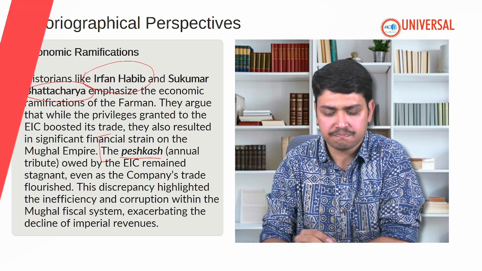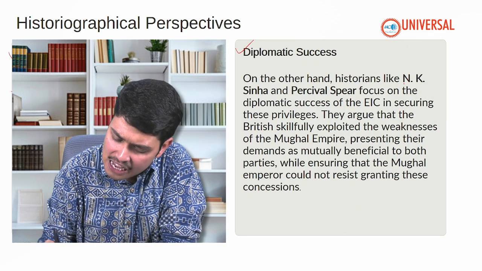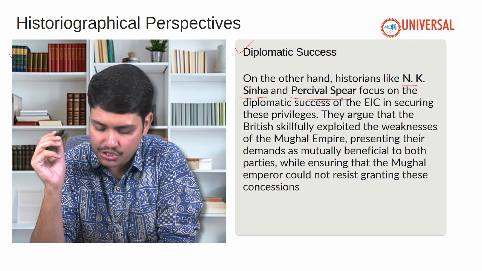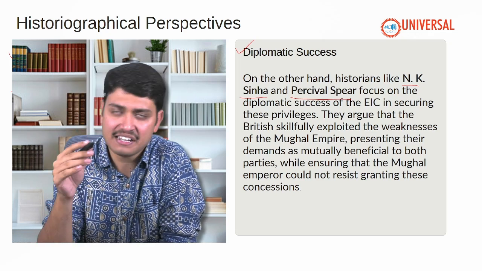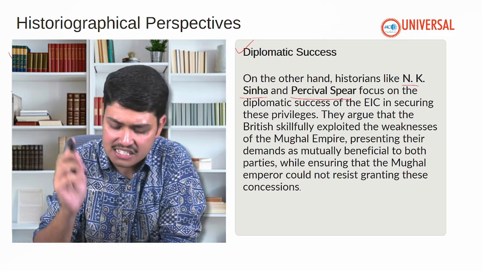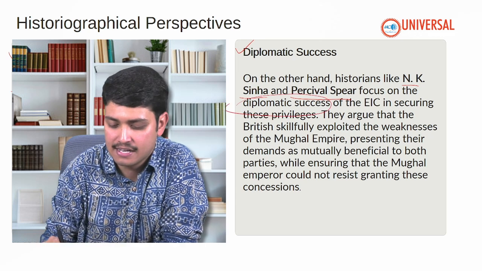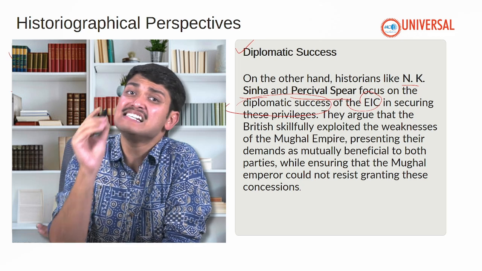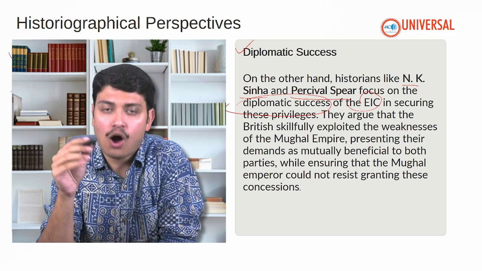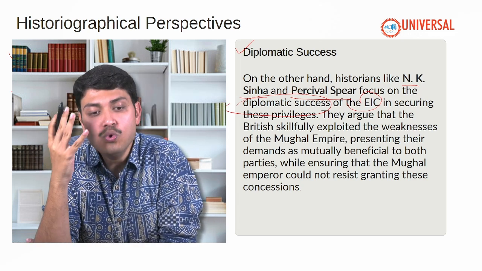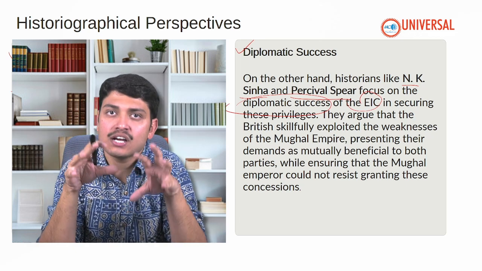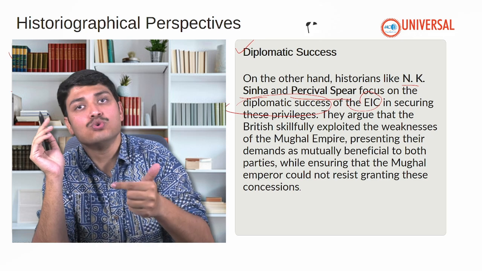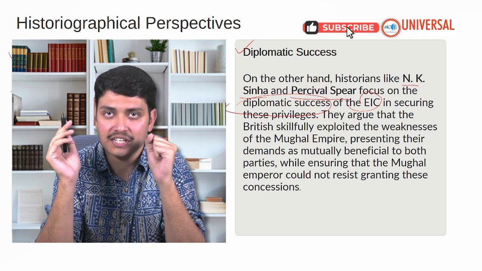On the other hand, if we look at N.K. Sinha and Percival Spear's work, both these historians have claimed that this Farman actually indicated a diplomatic success of the English East India Company. Why? Because they skillfully exploited the intrinsic weakness of the Mughal Empire, and they took advantage of that situation.